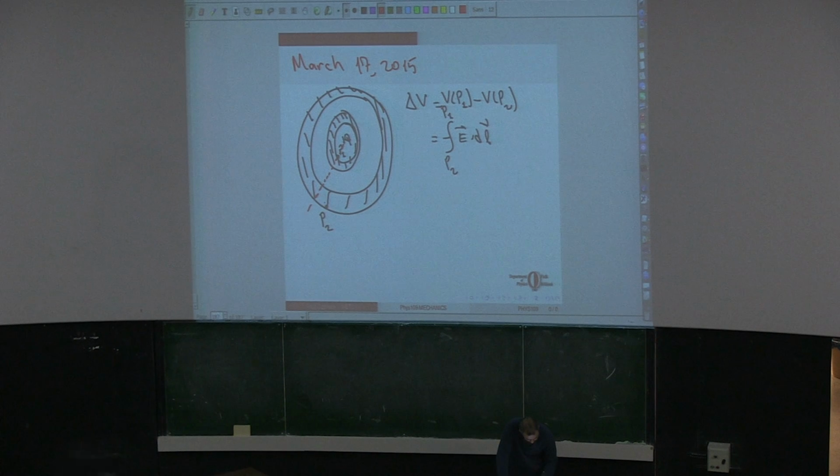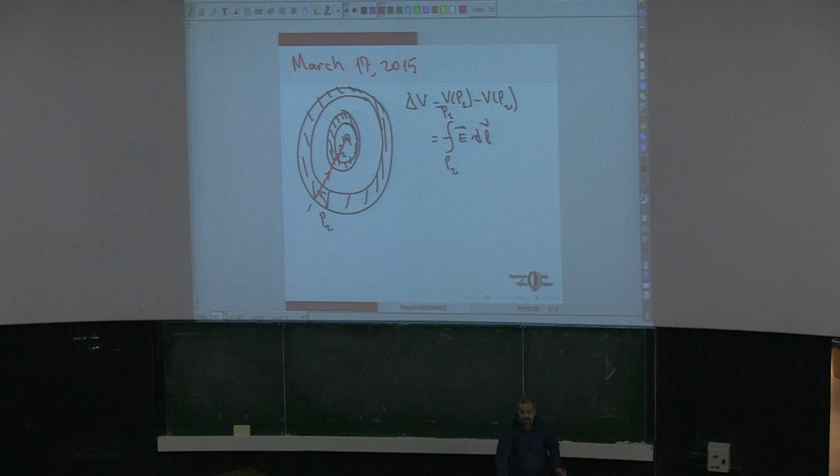So we can start over P2, move to this radial line within the conductor, and then move along this line until P1. So this is how we can go from point P2 to P1. One possible way. I mean, you can choose any way you like, the result should be the same. The thing is, along this path, it will be easy to calculate this integral.